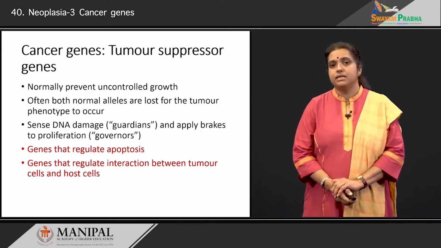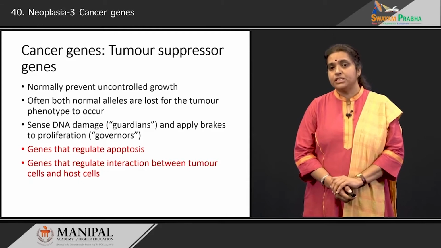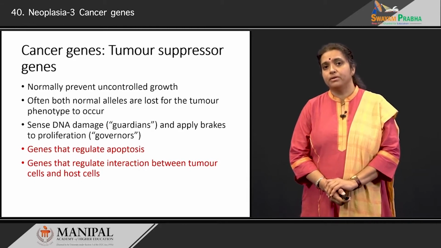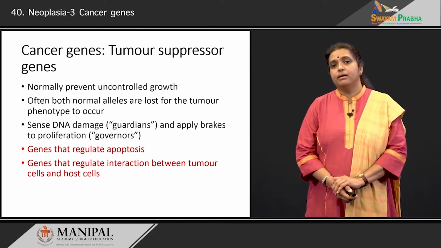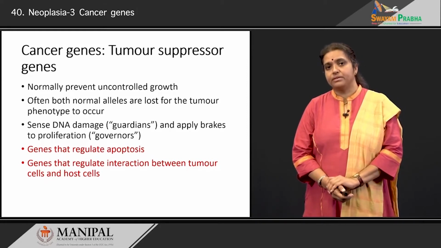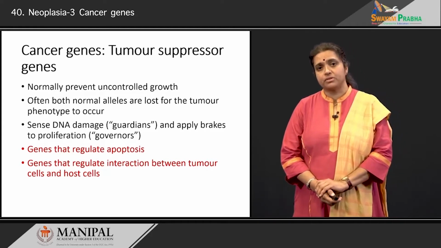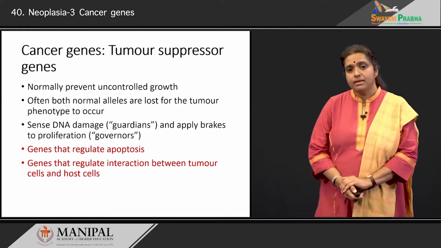Now, there are genes that regulate apoptosis in a normal cell of the human body, and when these genes are affected, for instance, when an anti-apoptotic gene is upregulated, you can get cancer. So, genes that regulate apoptosis may also be affected in cancer.